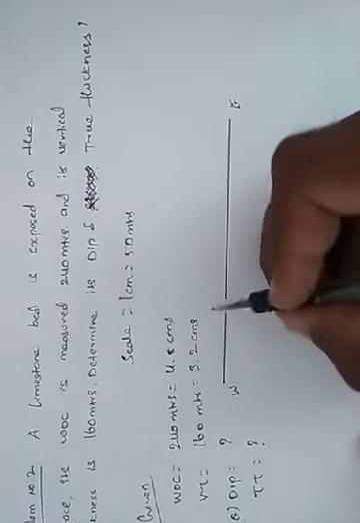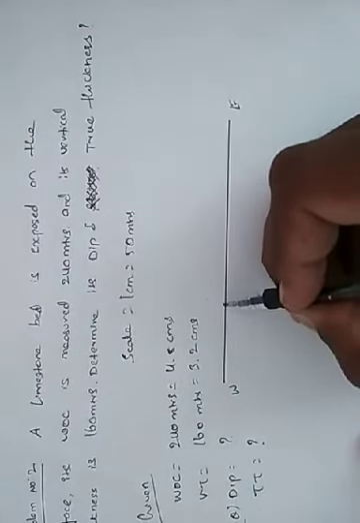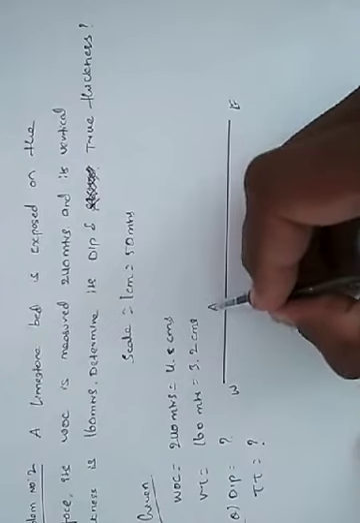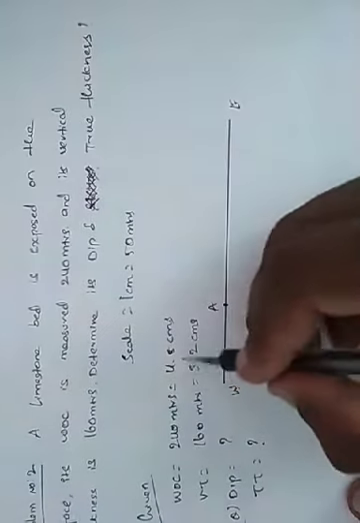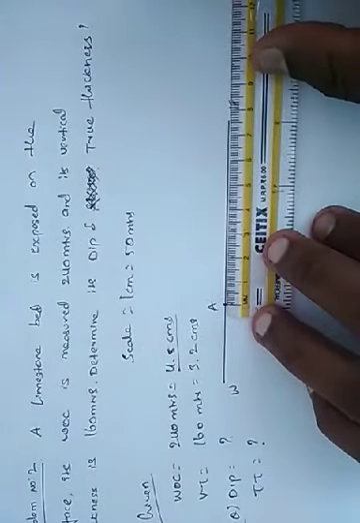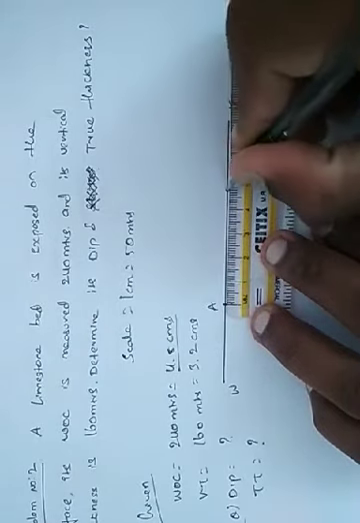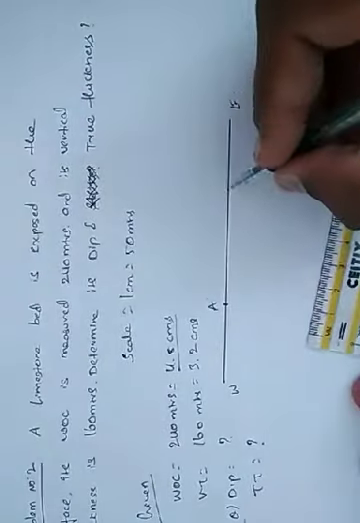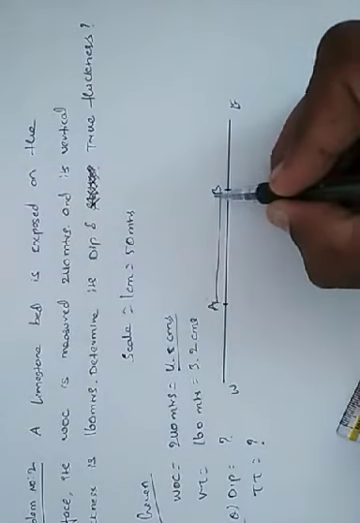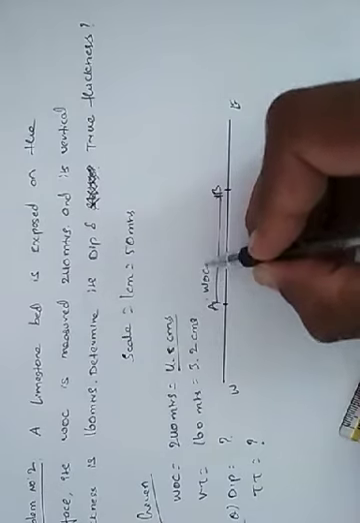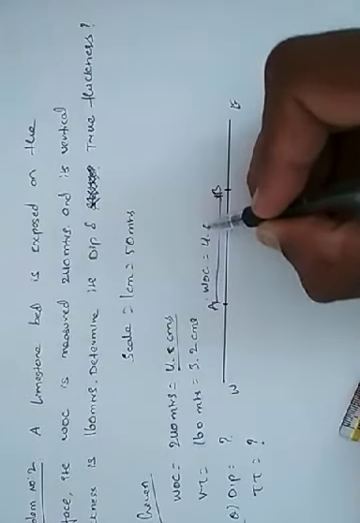So for that we will mark one point, mark it as A, and the WOC is given as 4.8 centimeters. So I will mark exactly 4.8 centimeters on the surface line, and I will mark this point as B.